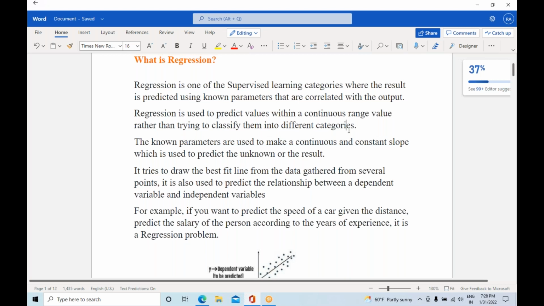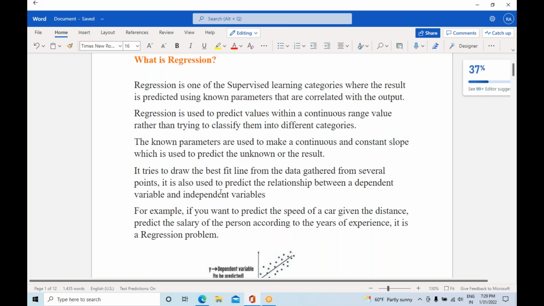For the dependent variable: response variable, output variable, and target variable. You may have different names in different books, so don't confuse yourself. Dependent variable, response variable, output variable, target variable: these four names are the same only.